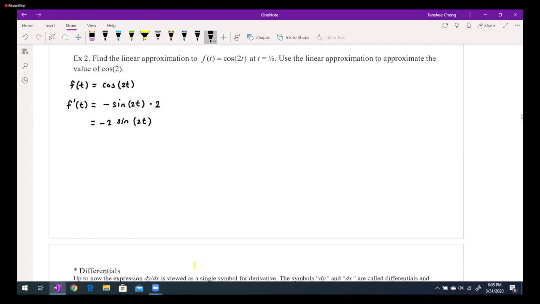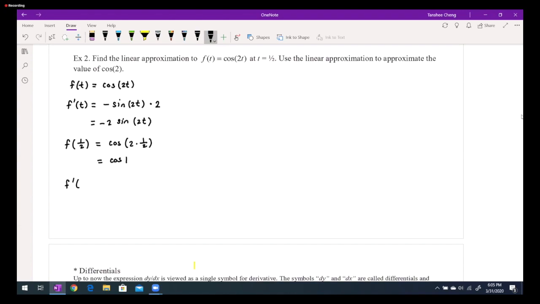So therefore, I got negative 2 sine of 2t. To find the linearization function, I need to know the function value at half. So that is cosine of 2 times 1/2, which will give me cosine of 1. And then I need to know the slope of the tangent line at that point on the curve.